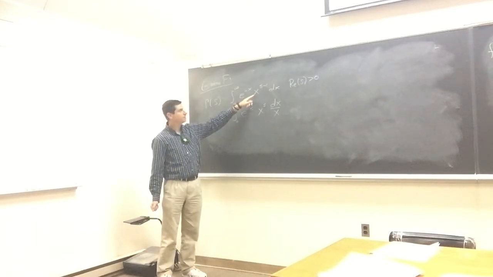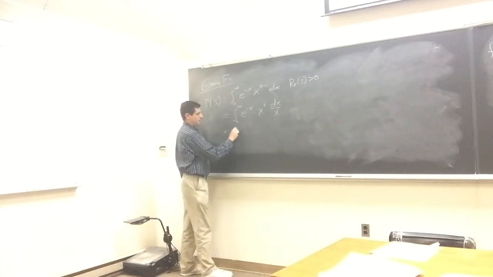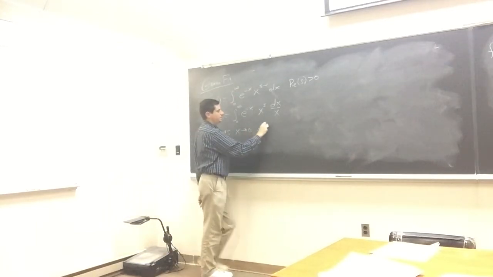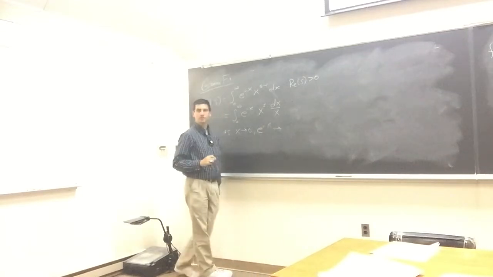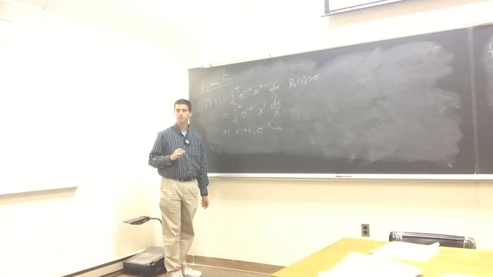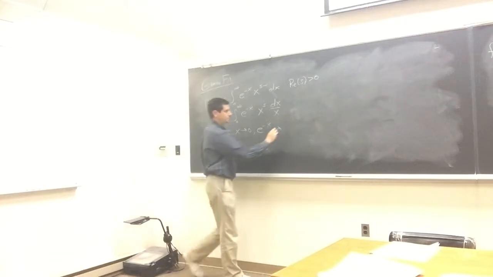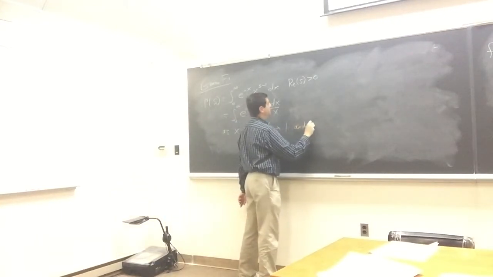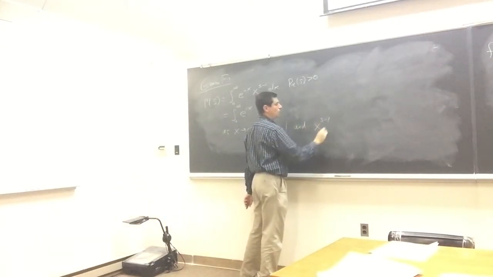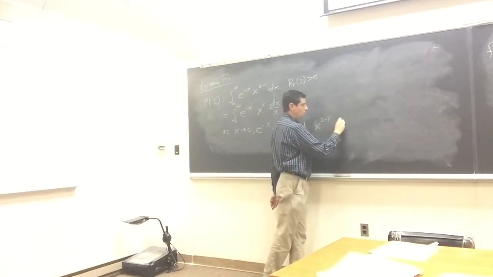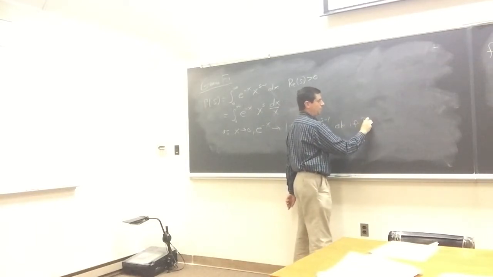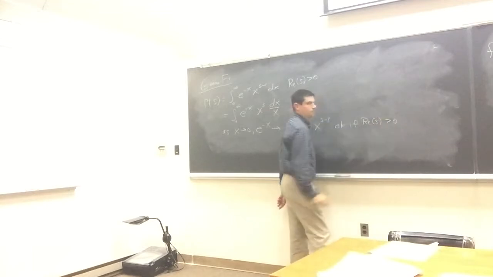When x is getting very, very close to 0, e to the minus x goes to 1. And x to the s minus 1 is okay if the real part of s is greater than 0.